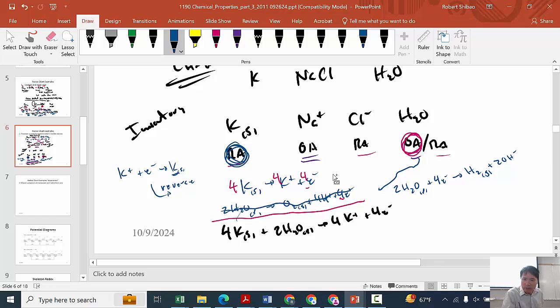This should be 2 electrons. Let me just double check that this is balanced. I have 4 hydrogens, 2 plus 2 is 4 hydrogens. 2 oxygens, 2 oxygens. Minus 2, minus 2. And so it's balanced. The electrons are absorbed in there.